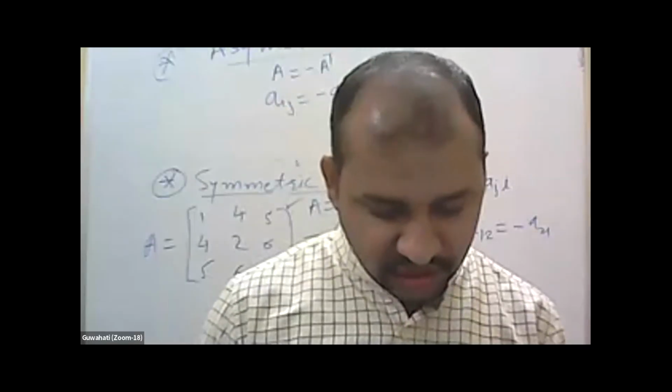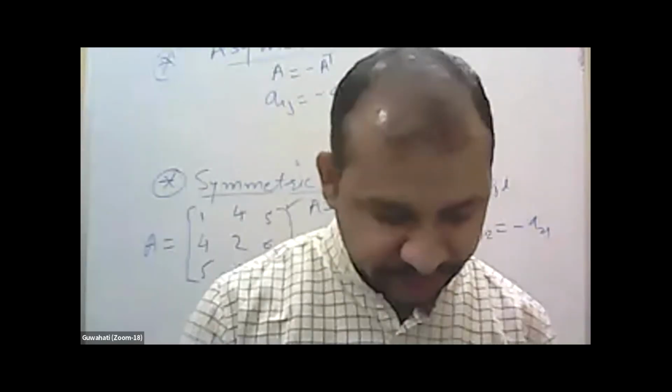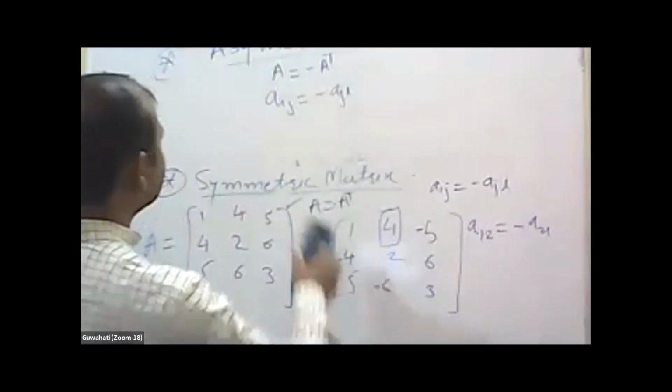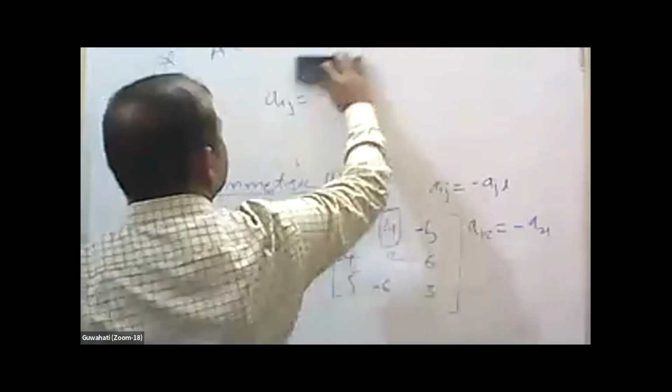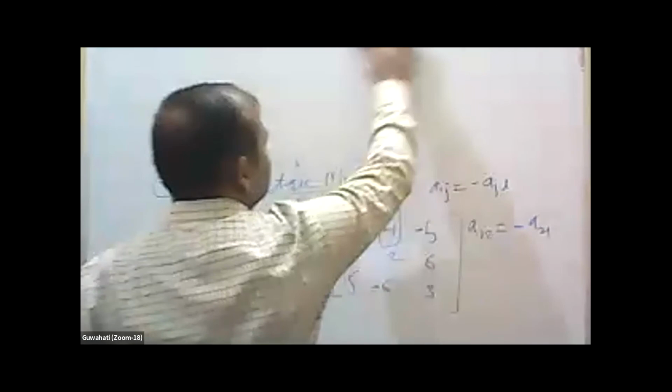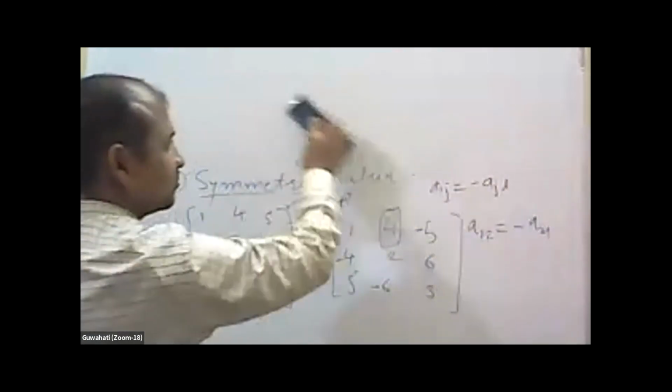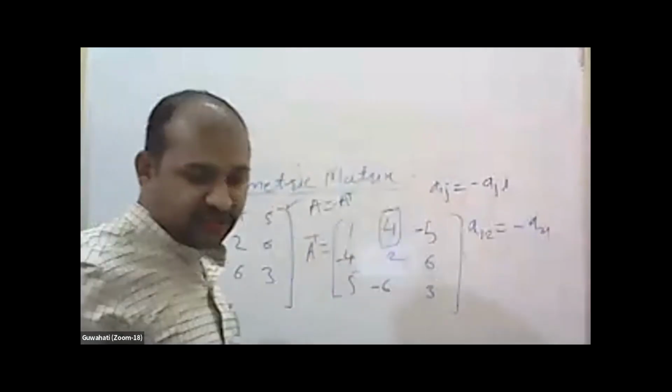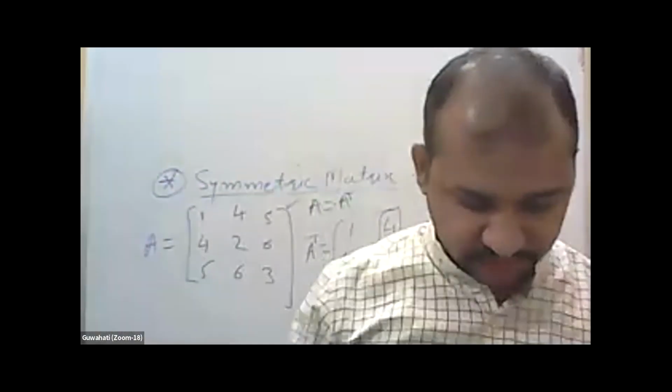So another is called a triangular matrix. Can anybody give me a quick hint, what does it mean by triangular matrix?